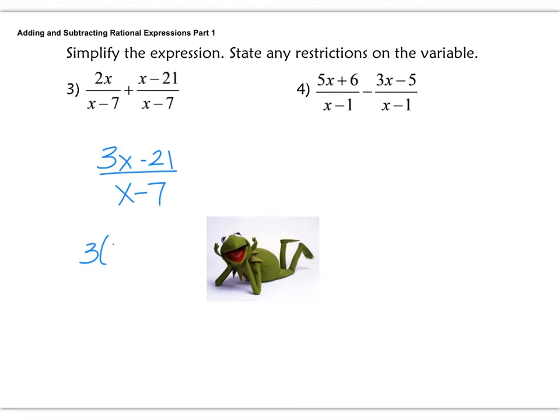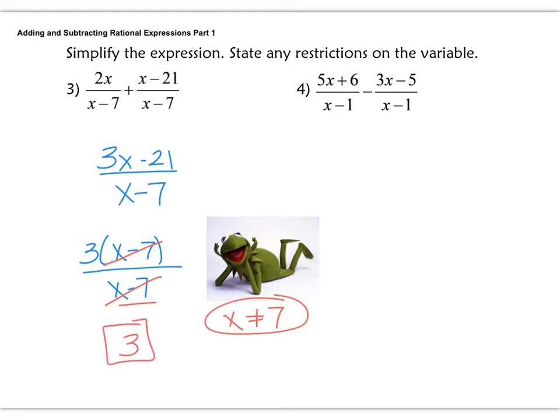I can take out a 3, which leaves x minus 7 over x minus 7. I should probably look at my restrictions. So x cannot equal 7, coming from x minus 7 not being able to be 0. And then I can cancel x minus 7 on top and bottom. So I am left with just 3.